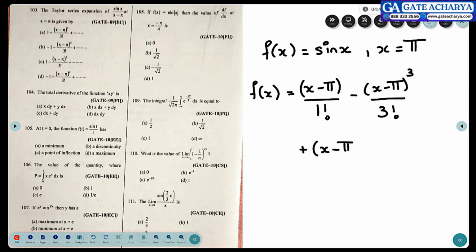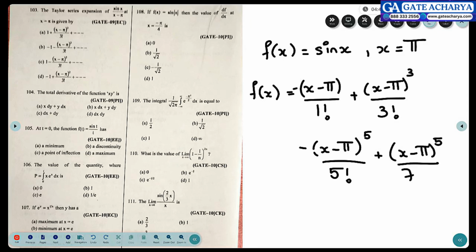Sin pi, minus 1. Are you getting something like this?